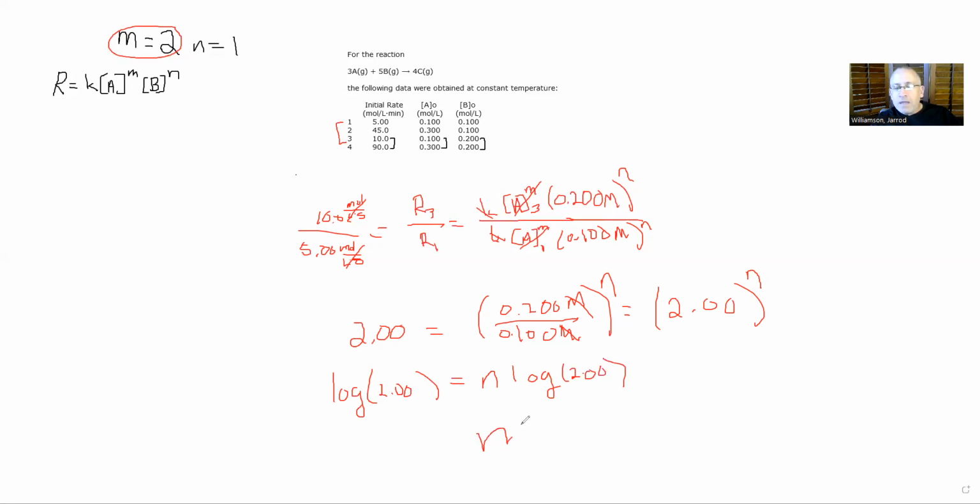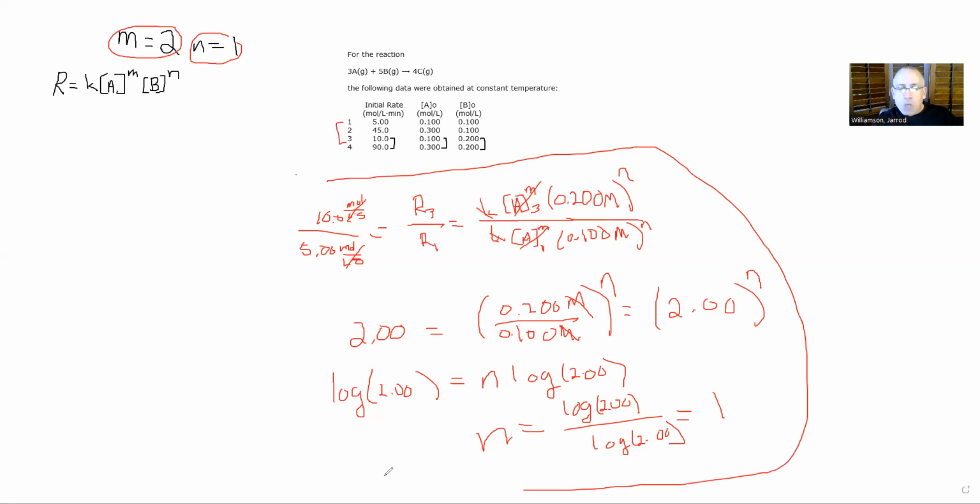That means N is equal to the log of 2 divided by the log of 2, which of course N equals 1, which we confirmed. Yeah, I want to see all this stuff. I want you to show me this skill set, even though it's redundant and easy in this part.